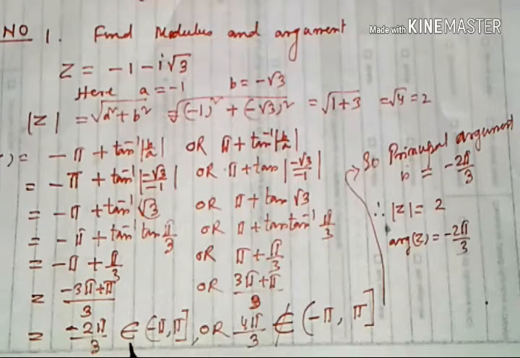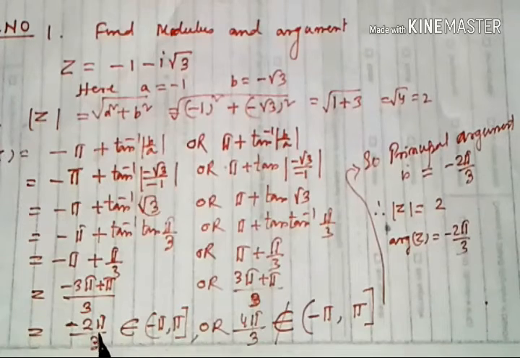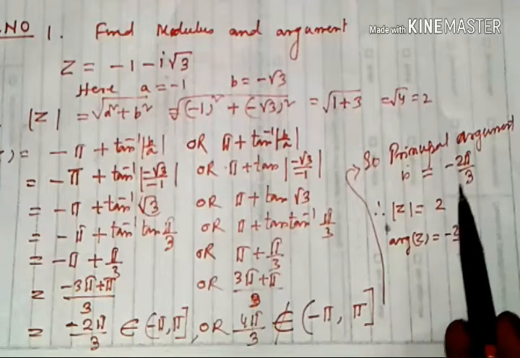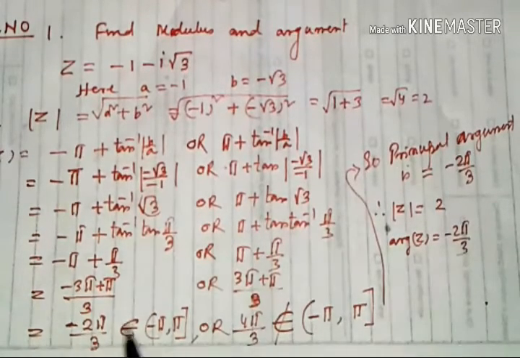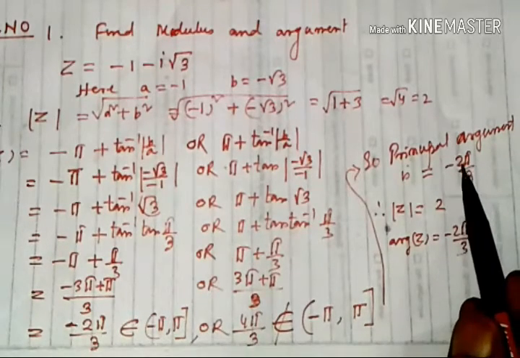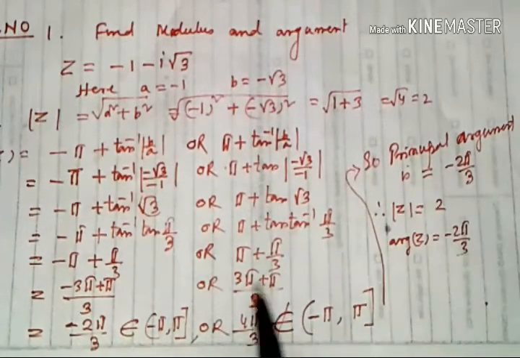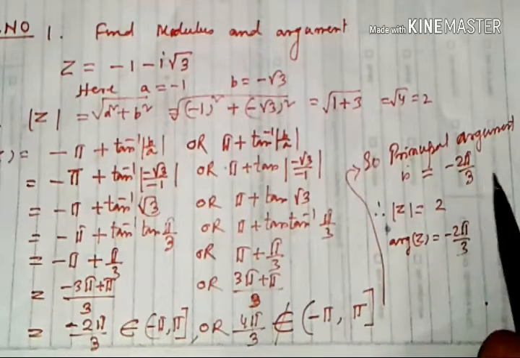But we see that minus 2 pi by 3 is within the interval minus pi to pi, while 4 pi by 3 is not in this interval. So we take minus 2 pi by 3 as the principal argument; the other cannot be taken as the principal argument here.